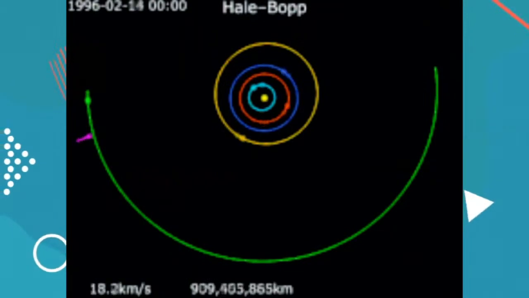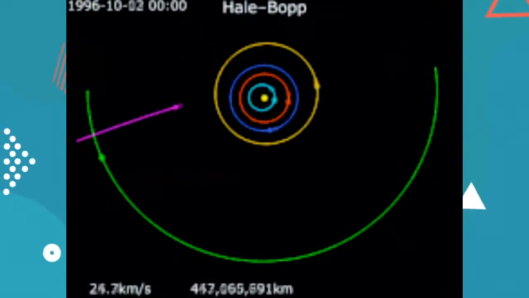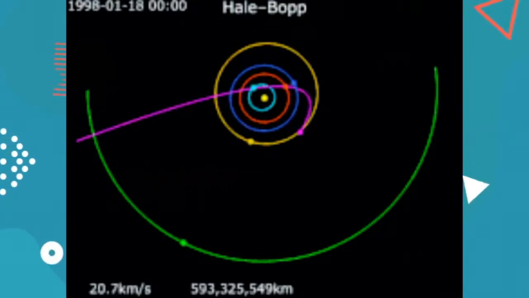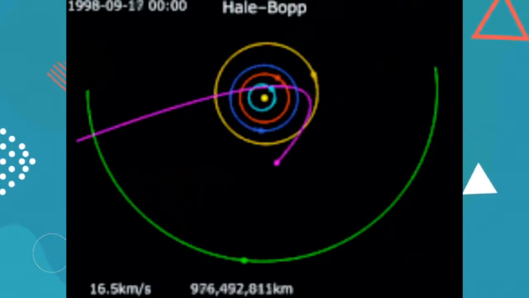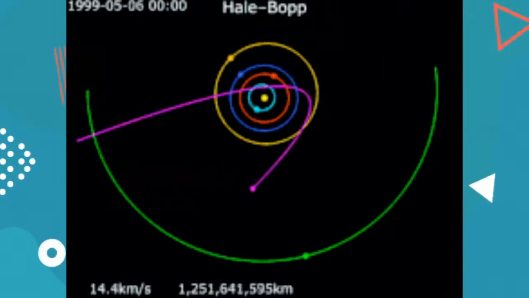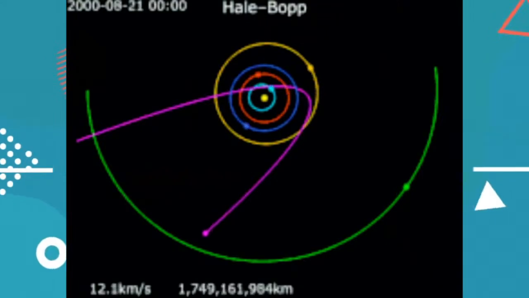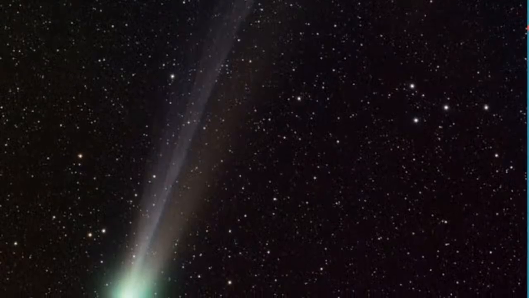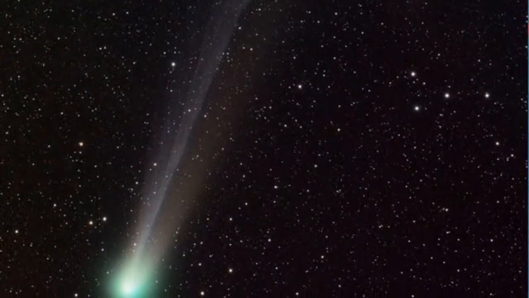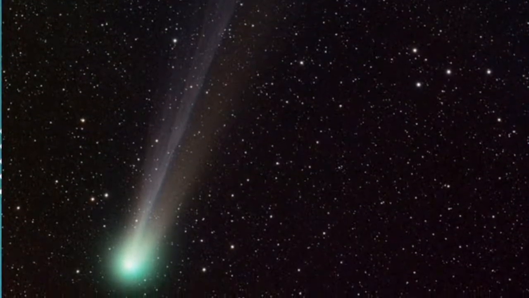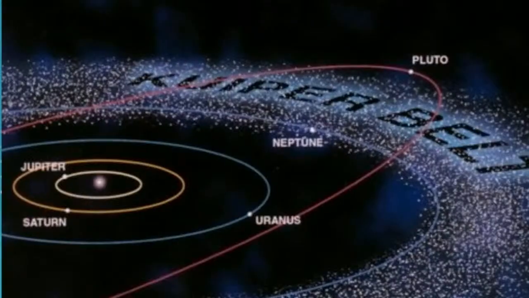On the other hand, there are also long-period comets that take more than 200 years to complete one orbit. An example is the comet Hale-Bopp that takes 2,533 years to complete one orbit. There are also single apparition comets, which permanently exit the solar system after a single pass of the sun.